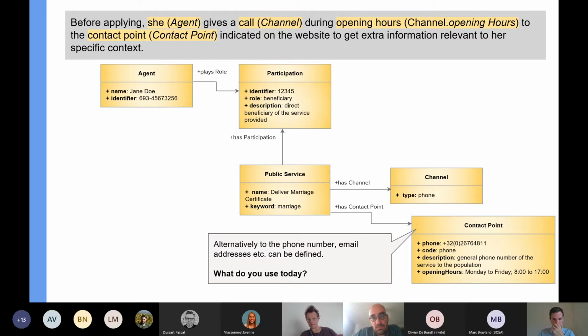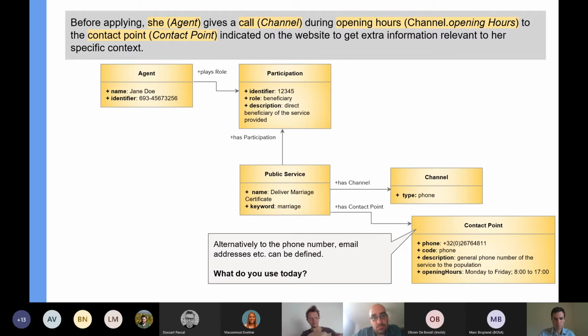The other is a very discrete description: if you want to use my public service, which I grant as a municipality or public government, you have this contact point to contact me regarding this public service. It's something entirely different from the channel, and you don't have to have both.